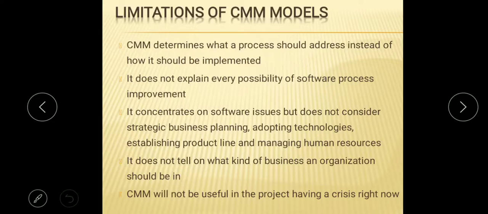Now CMM determines what a process should address instead of how it should be implemented. It does not explain every possibility of software process improvement. It concentrates on software issues but does not consider strategic business planning, adapting technologies, establishing product line, and managing human resources.